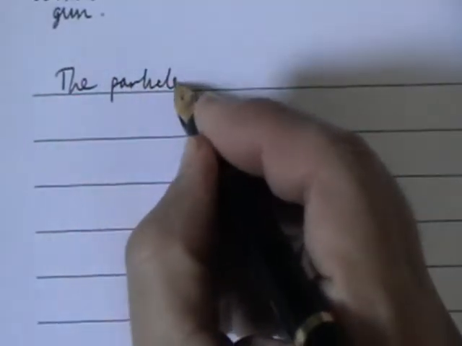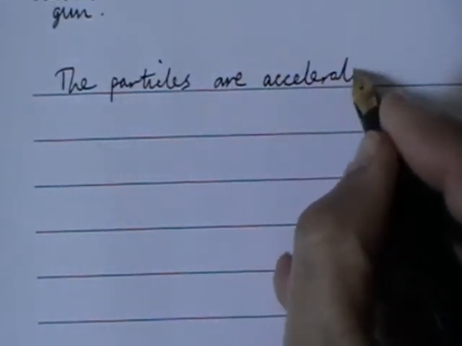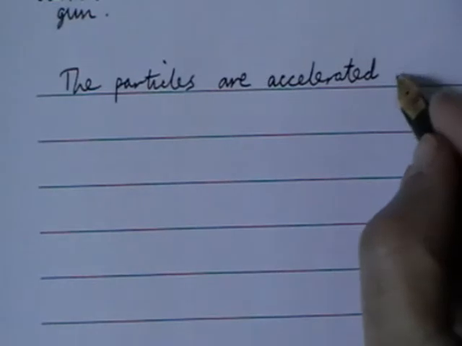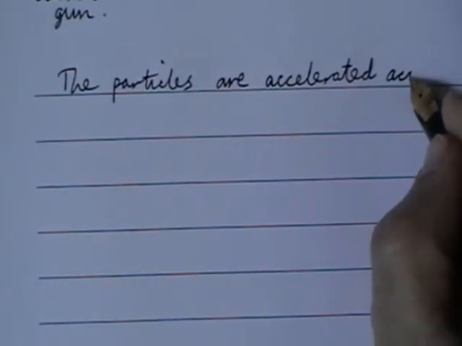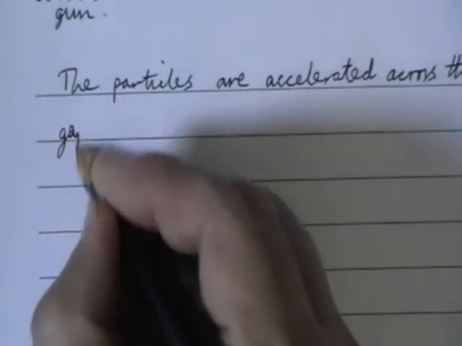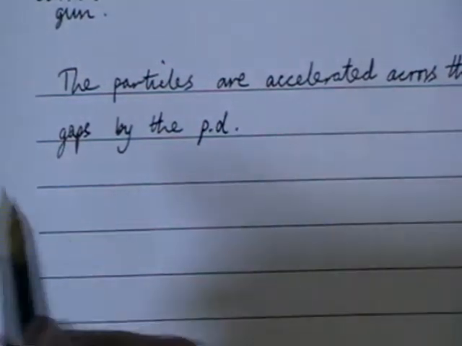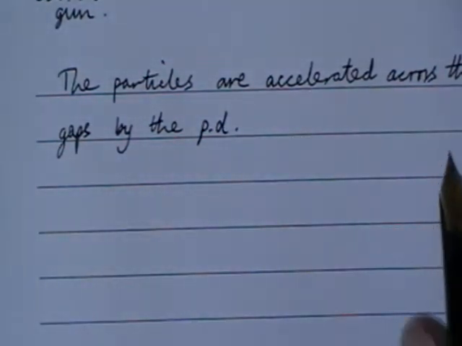Okay, then in terms of description of that, what we then have is that the particles are accelerated across the gaps by the potential difference, so they're accelerated across the gap by the PD.